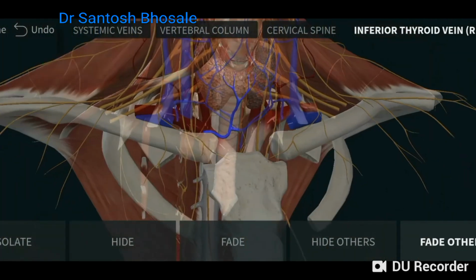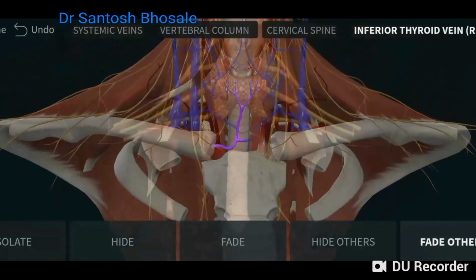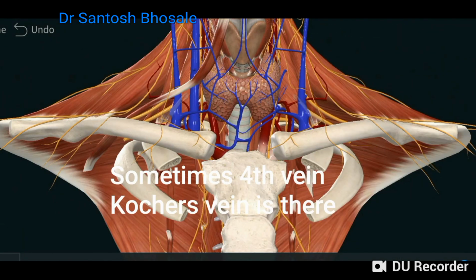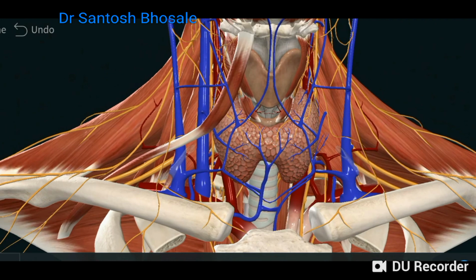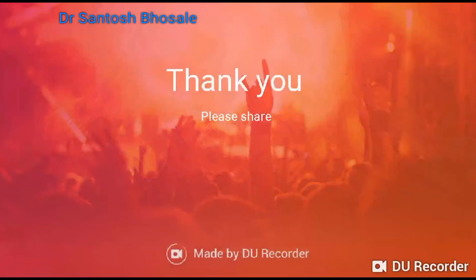Sometimes there will be a fourth vein called as Kocher's vein, and sometimes there will be an extra artery also called as thyroidea ima coming from arch of aorta, and thyroid gland also receives some branches from tracheal artery and esophageal arteries. Remember, the extra vein is called as Kocher's vein, and sometimes extra artery is called as thyroidea ima artery. So this is about the thyroid gland gross anatomy. Thank you.